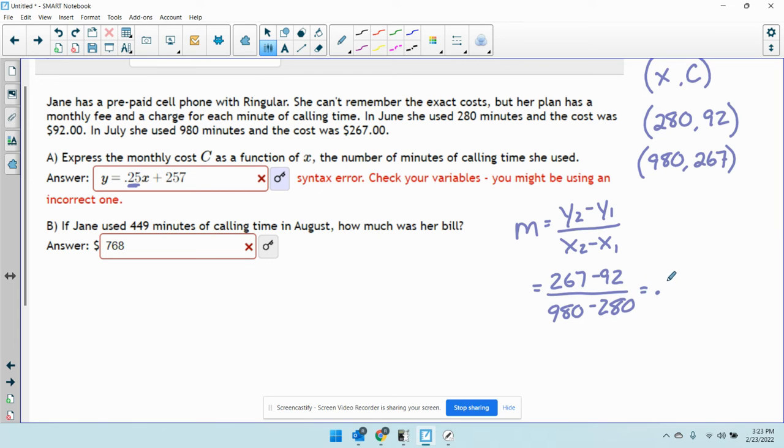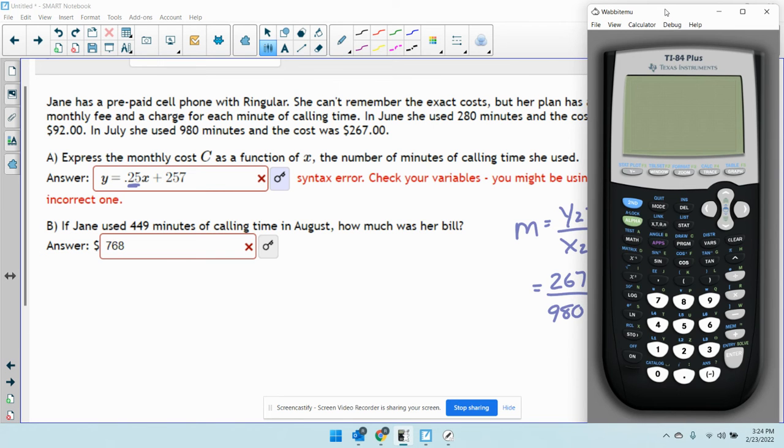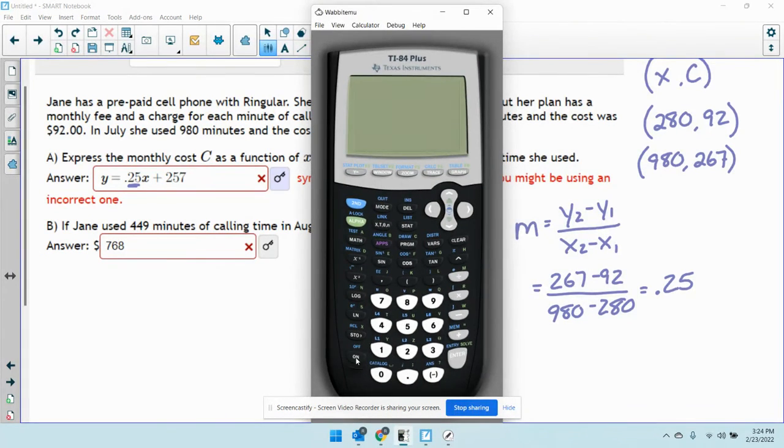And that's where you end up getting this 0.25. I'll do it out for you. We have 267 minus 92, and 980 minus 280. We get 175 divided by 700. That's where you get the 0.25.